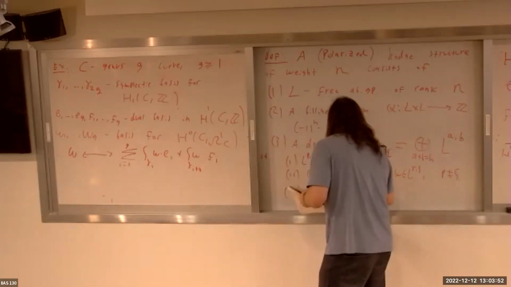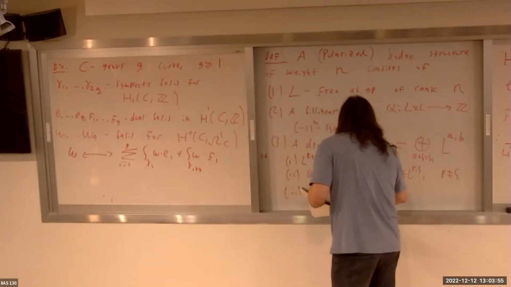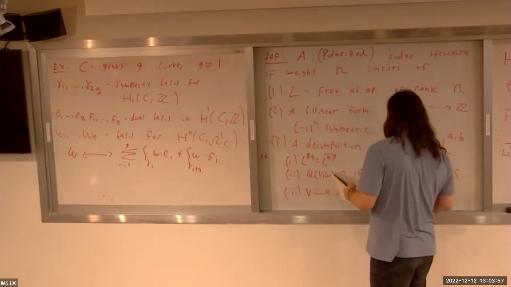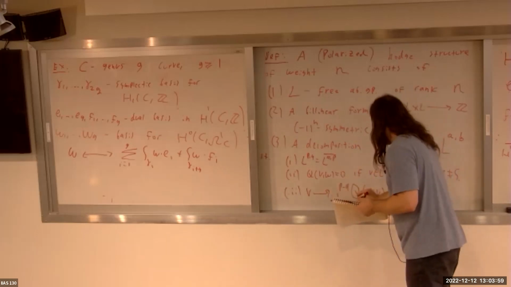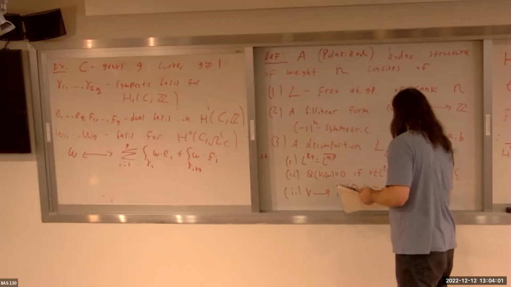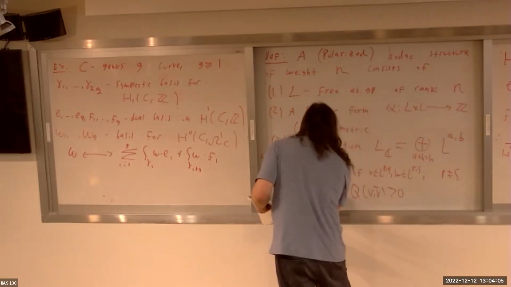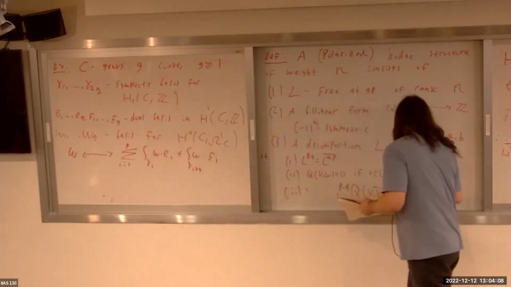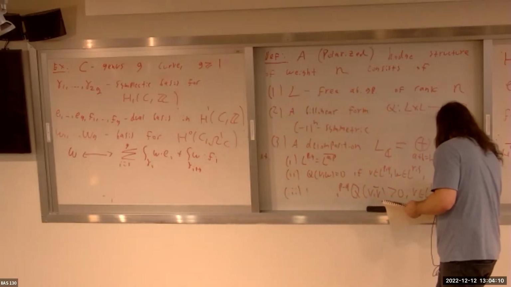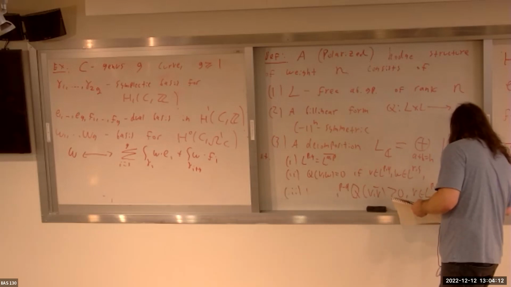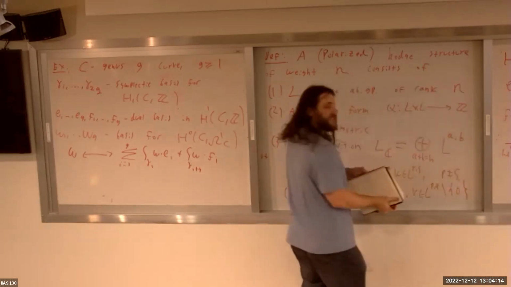If you take v to i to the p minus q, there's this weird sign, but again, it just comes from the geometry, times Q of v, v bar. This is positive if v is in L^{p,q} and is not 0. We have this positivity.